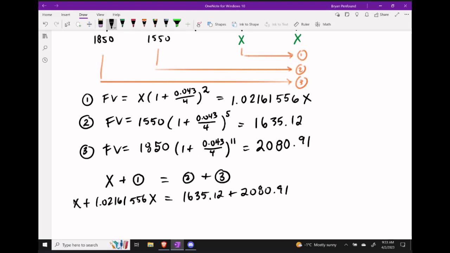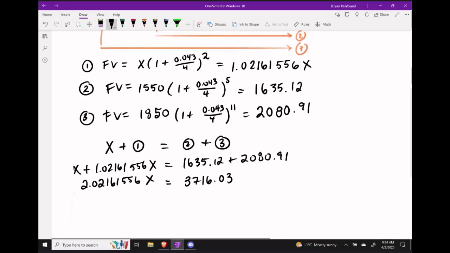This means that X plus our 1.02161556X should be equal to 1635.12 plus 2080.91. Simplifying the right-hand side, we get 3,716.03. And then collecting like terms on the left-hand side gives us 2.02161556 x's.